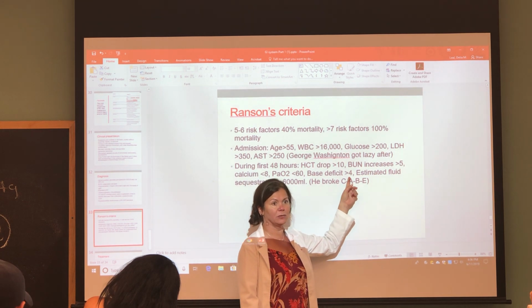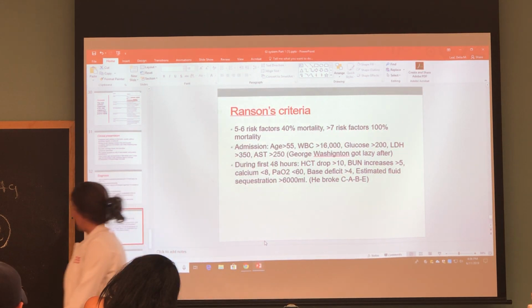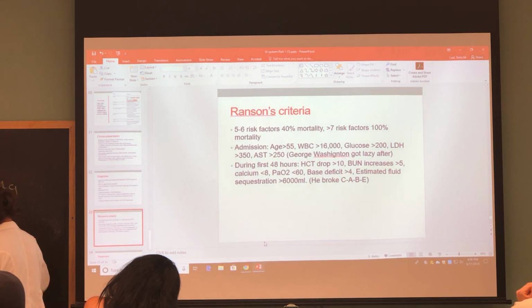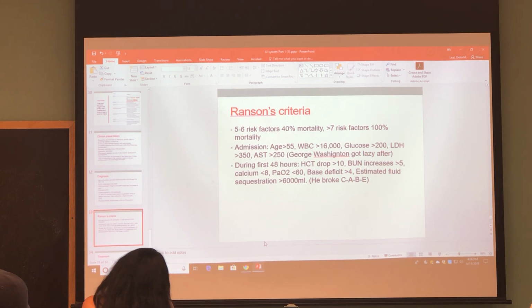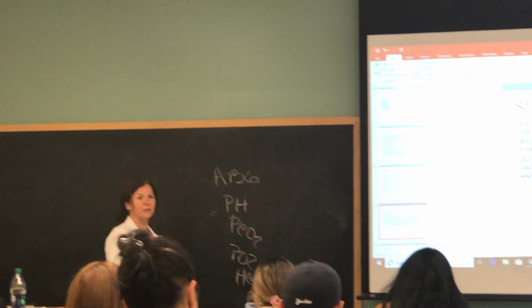Base deficit. What is base deficit? When you have an ABG, you have pH, you have PCO2, you have PO2, you have bicarb, and you have the base excess, right?